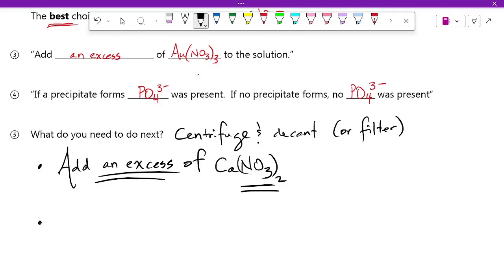After you've added the salt, what do you need to do next? You need to do your statement. You need to describe how to interpret the results. What do you state? If a precipitate forms, sulfate was present. If a precipitate doesn't form, there was no sulfate.